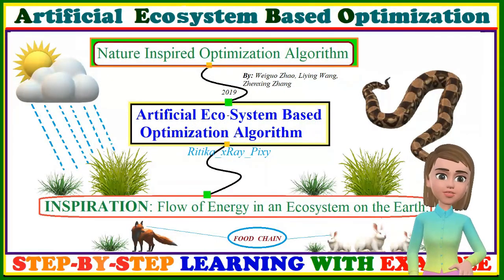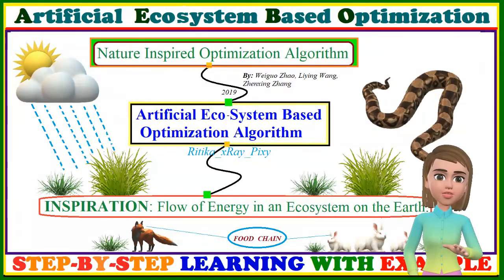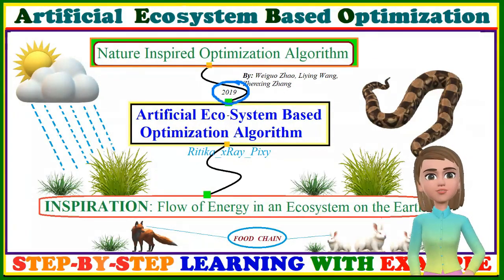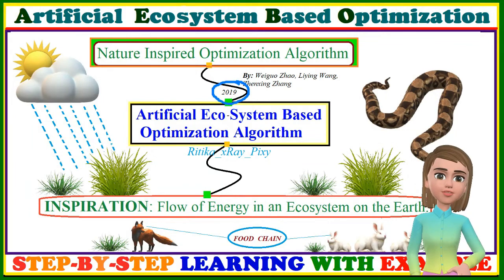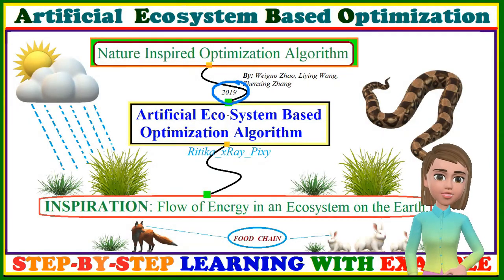First of all, it is a nature-inspired, population-based meta-heuristic optimization algorithm that was introduced in 2019. The author tested this algorithm on different benchmark test functions, and it provides better results as compared to other meta-heuristic optimization algorithms.